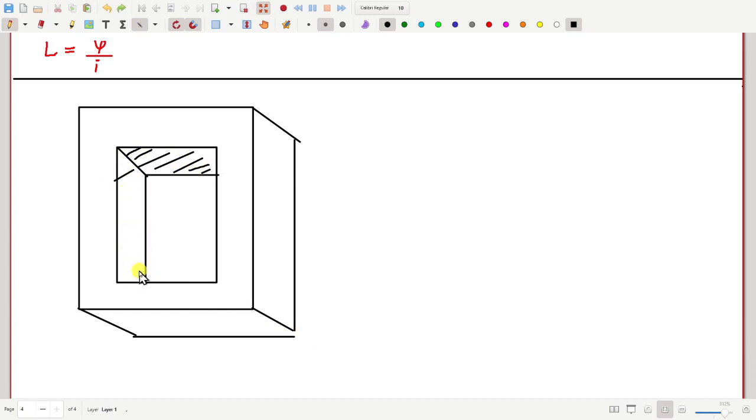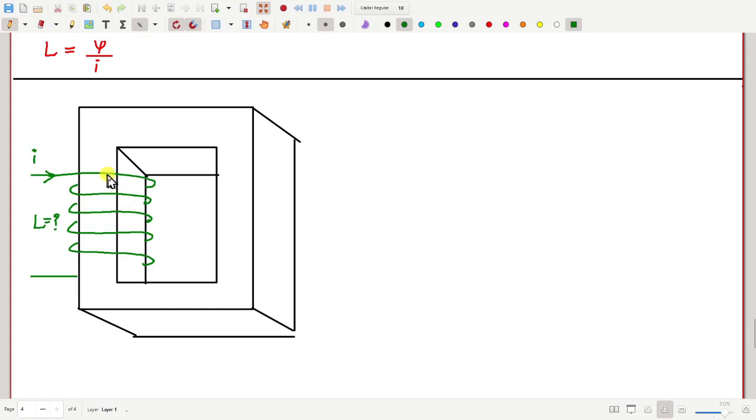Let me get rid of this. Can you visualize what I am trying to draw? And then suppose I wound a coil on top of this. Now this coil will also have some inductance, and let me find out how much that is.